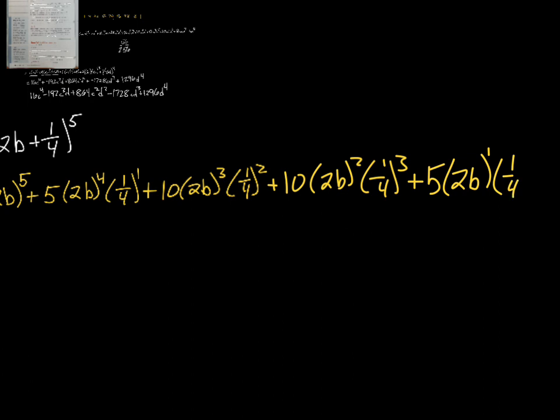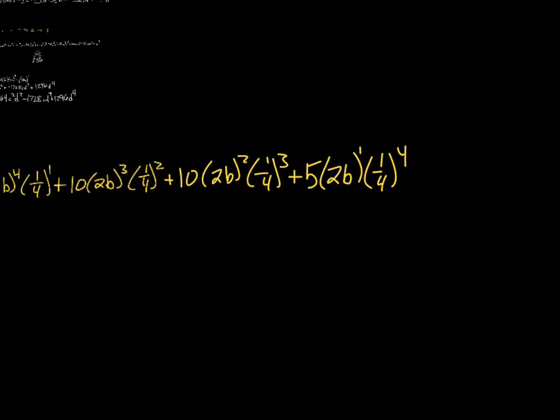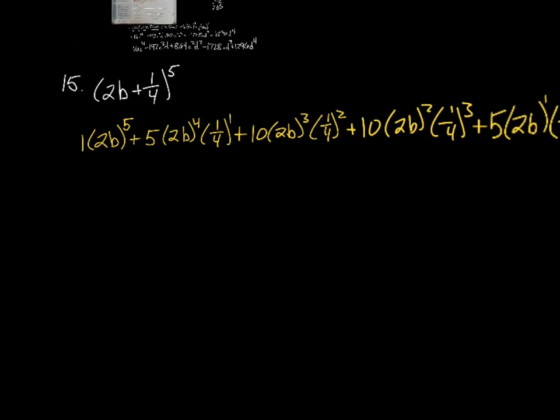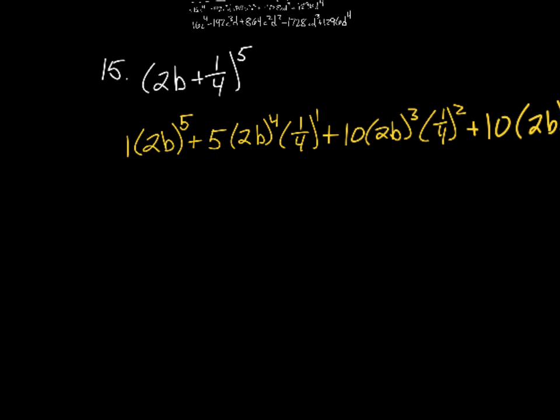One-fourth to the 4th, and then finally 1, and then times 1/4 to the 5th. All right, so then we just got to simplify all this. Oh, 8, 16. Well, you got to raise 2 to the 5th, though.